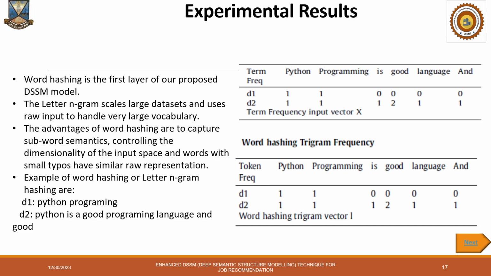As we observe, word hashing is the first layer of my proposed DSSM. The word hashing generates term frequency in terms of n-grams. So here word hashing n-gram frequency data for these two documents D1 and D2 will be generated.